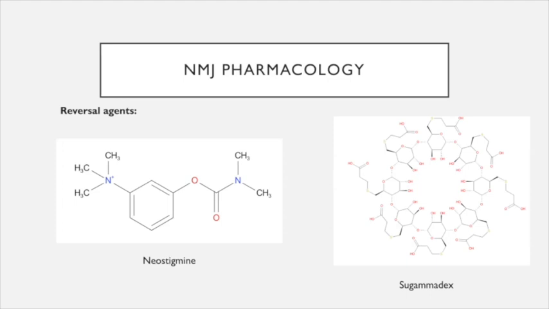If you give neostigmine too early, you run the risk of developing what we call recurarization, which means that initially, when you reverse the patient, they might start breathing and it will seem like the patient is okay. But after a few minutes, maybe 30 minutes, the patient will start flapping around.